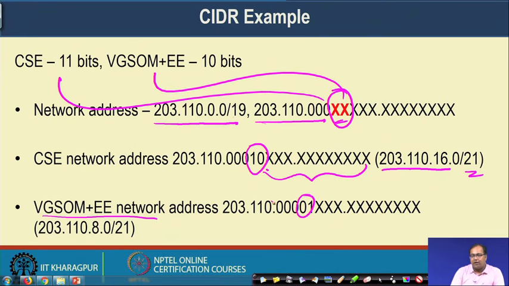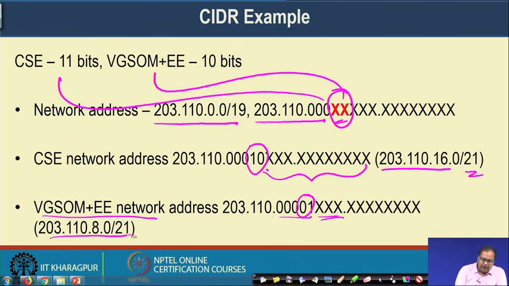So, I am avoiding all zeros and all ones here, and so the VGSOM plus E network, that is the combination of those subnets, the supernet, has the address 203.110.8.0/21. It is 8.0 because of this 0, this 1, and then all zeros in the place of x, the way we get the network address for a particular subnet.